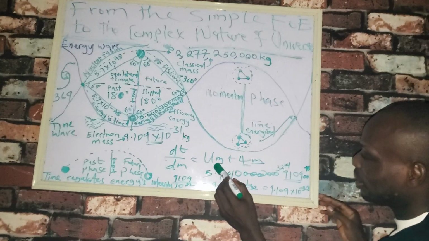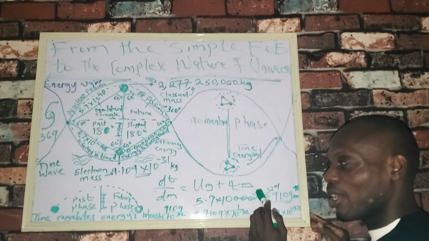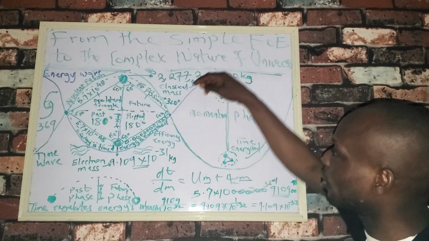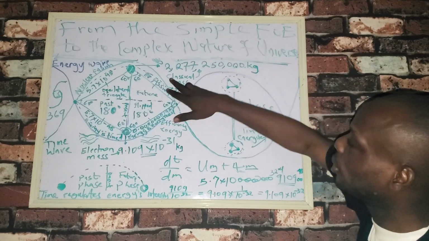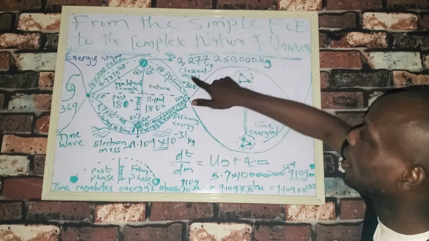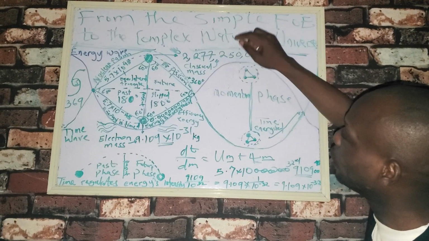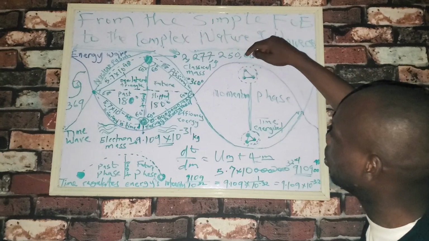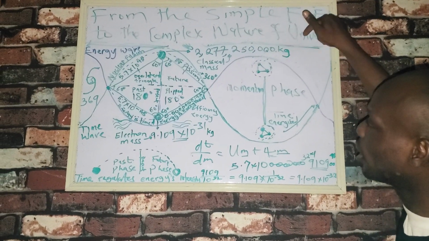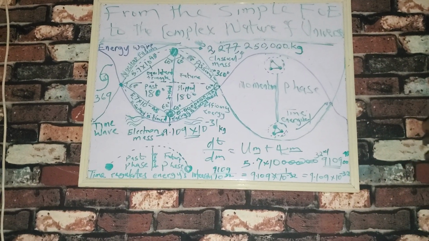If you put that in place of the M here and M here, you know that we're going to get the counterpart, which is the classical mass, and that is 2,277,250,000 kilograms. So that is that.